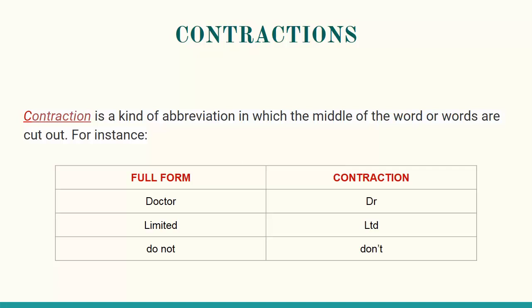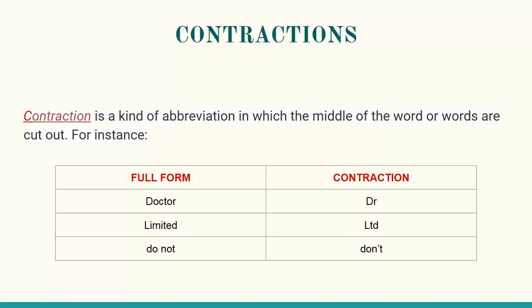The next one is limited. We have the contraction LTD, but again we read this contraction as we read the word in its full form. Okay, limited. The last one is do not, and this is a popular contraction that probably you know how to pronounce.